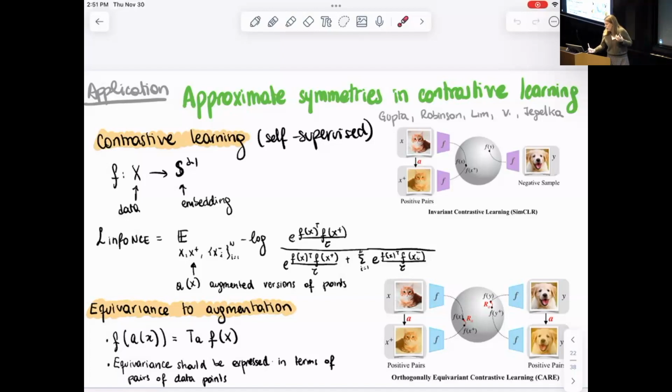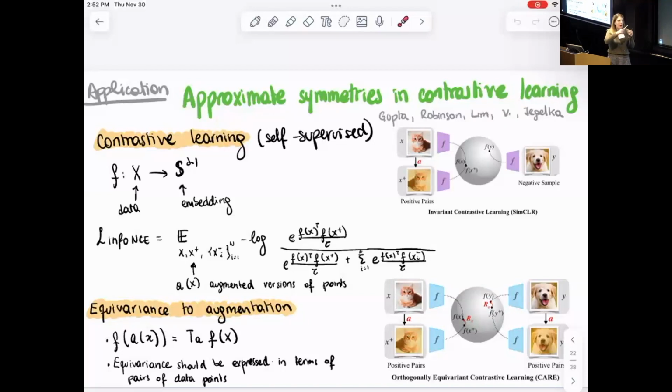The way people do this in contrastive learning is the following. They take an image, this cat, and consider different augmentations of it. Maybe this cat is a more yellow version of the cat. They consider a set of augmentations for these images, and then they learn an embedding that is invariant with respect to augmentations.